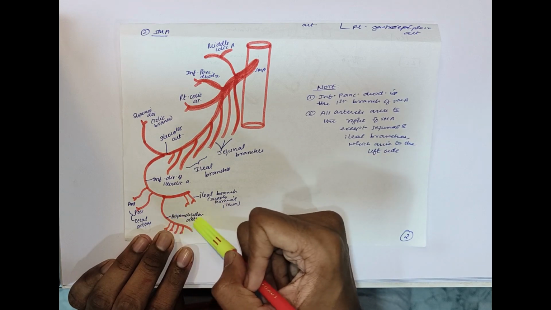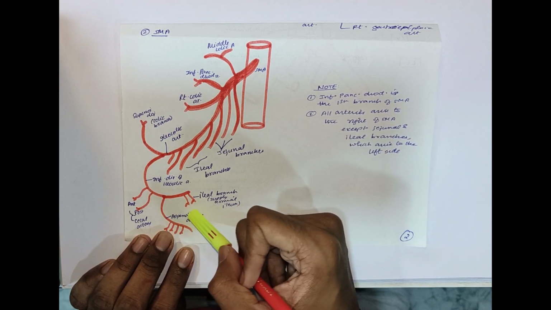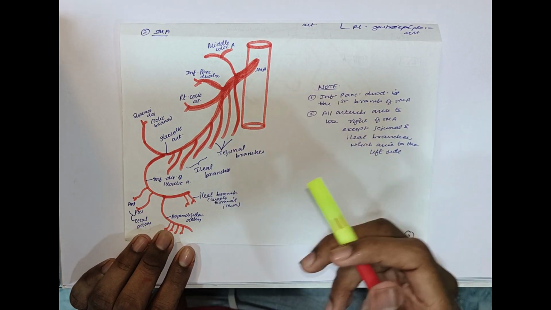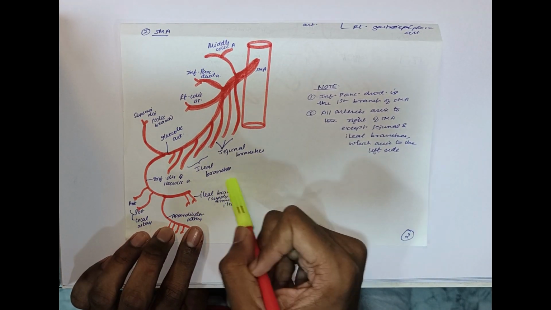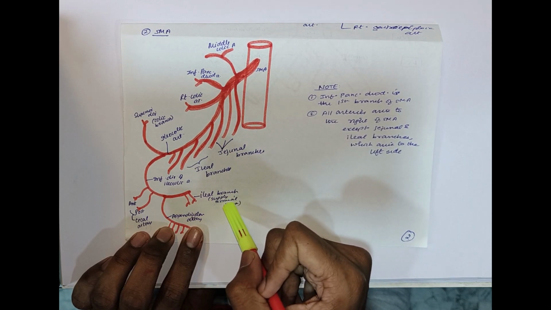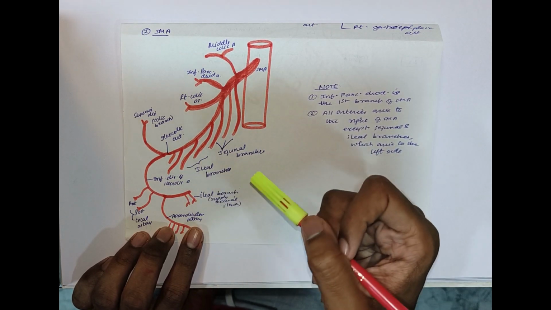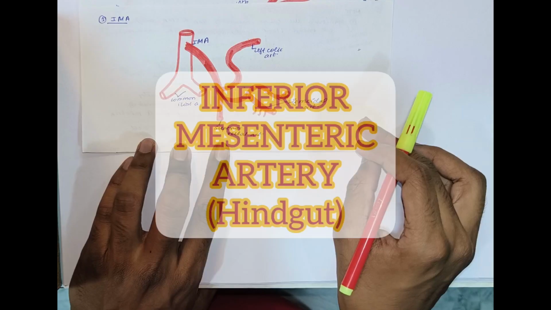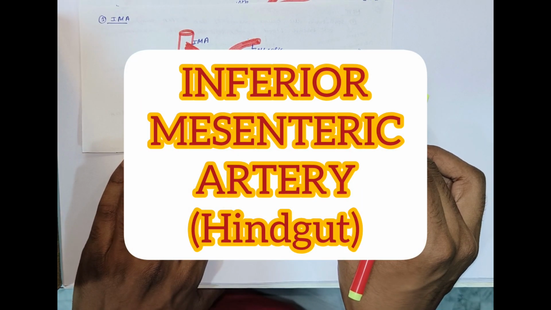So this artery is of great significance when it comes to appendicitis. We'll be discussing this later. Then we also have the ileal branch, which supplies the terminal part of the ileum, the part which opens into the cecum, near the ileocecal junction.